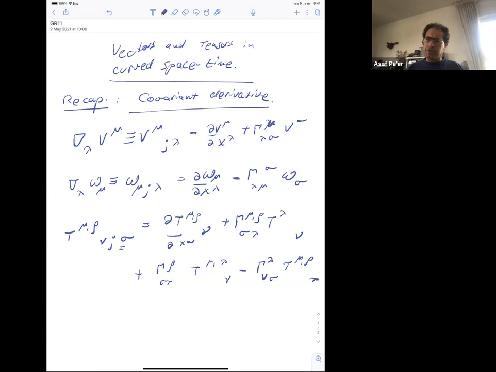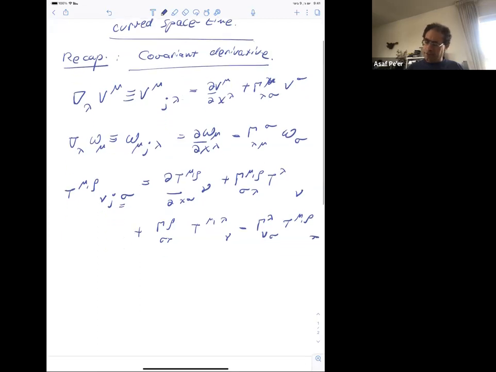Did we speak about contraction? I think we did. T mu nu, I can take two indices and make them dummy, T nu rho. That's called a contraction. I think we discussed that. Or there is a sum over one upper and one lower index.